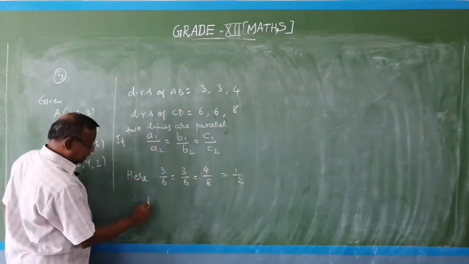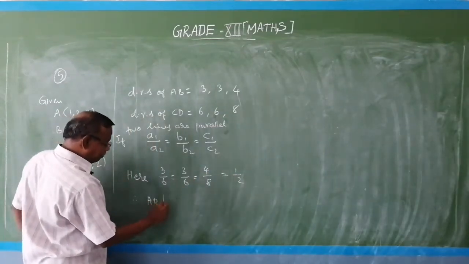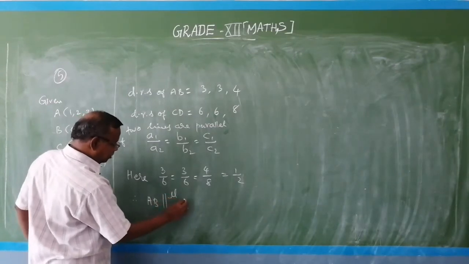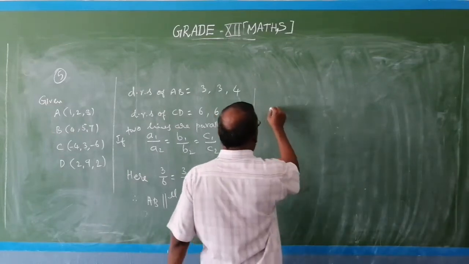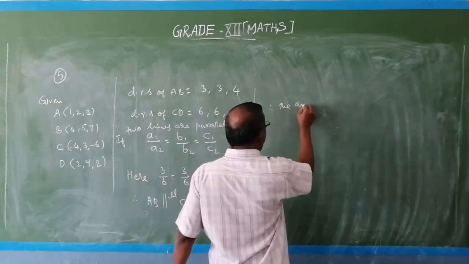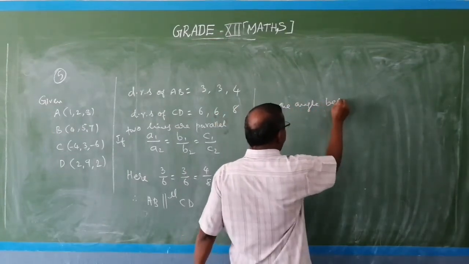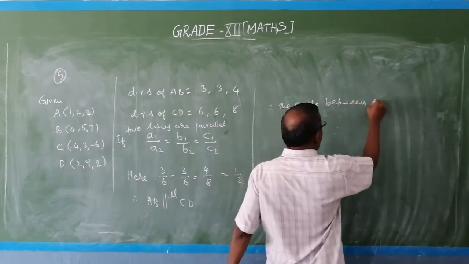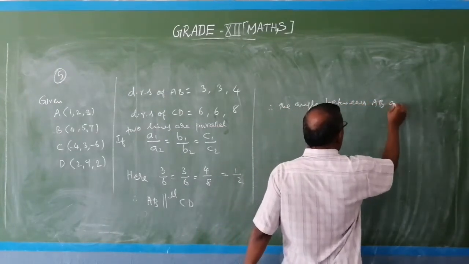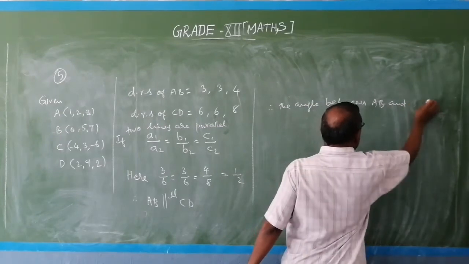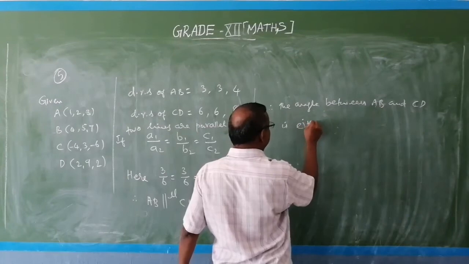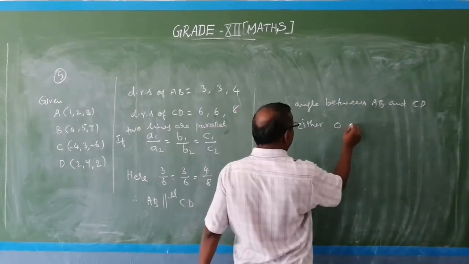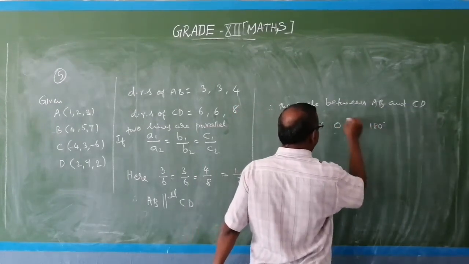Therefore, the line AB is parallel to line CD. Therefore, the angle between AB and CD is either 0 or 180 degrees.